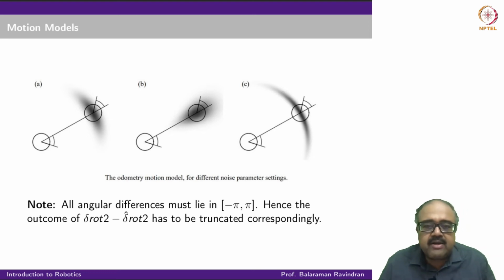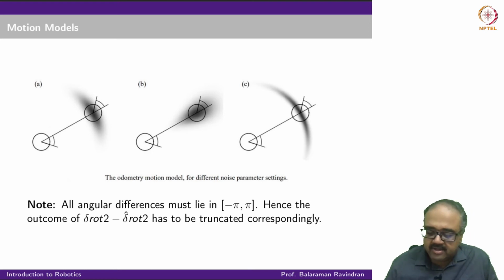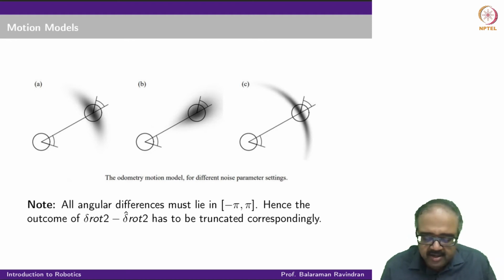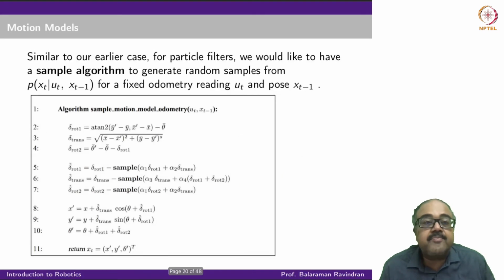So the actual alpha 1 to alpha 6 values might be different, but the settings are similar, right? Notice that the final angular differences might lie between minus pi and plus pi, and therefore we have to make sure that we are truncating everything appropriately, right?